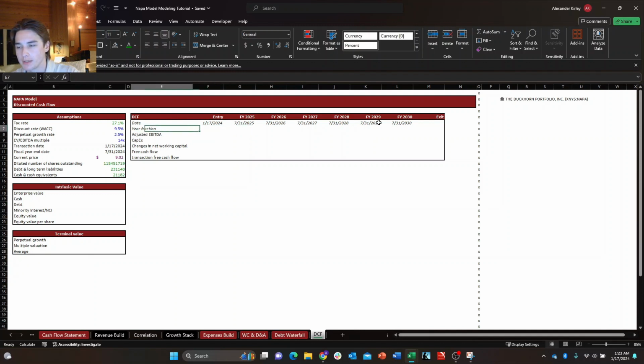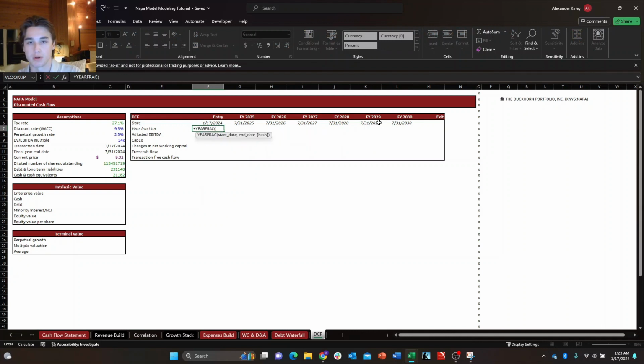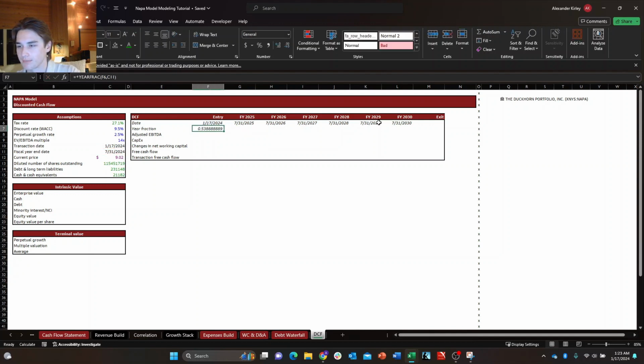So we're going to be utilizing a percentage of the year under transaction free cash flow. So what we're going to do here is YEARFRAC, so year fraction, and then our start date is going to be our entry, and then our end date is going to be our fiscal year end date. So 54%.